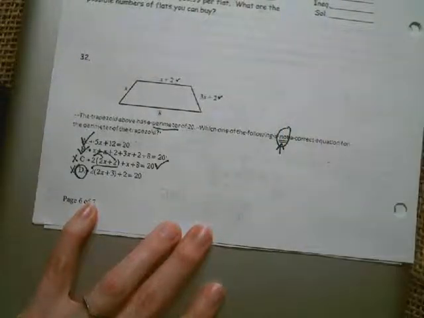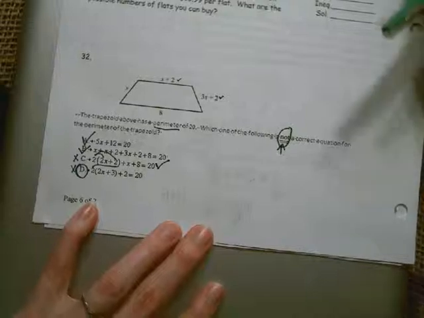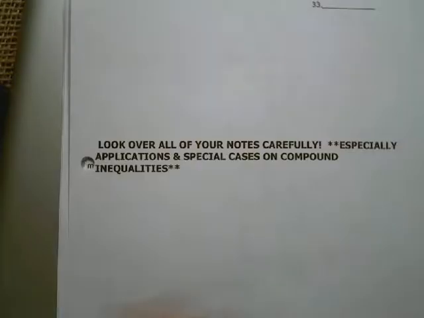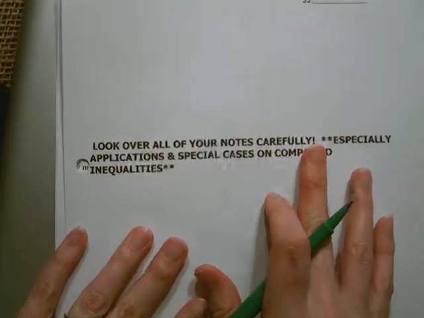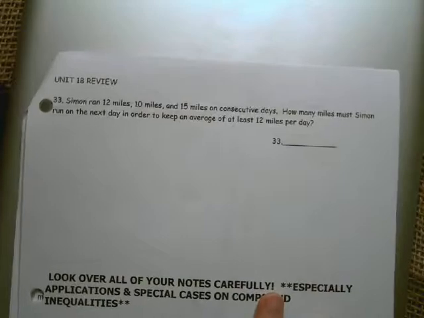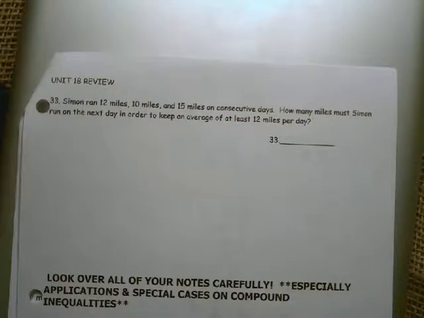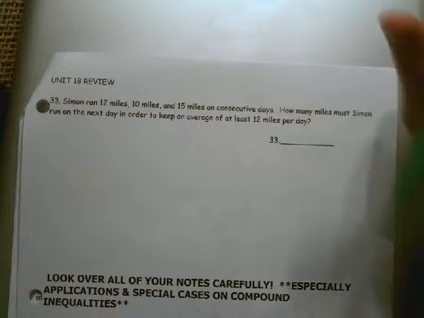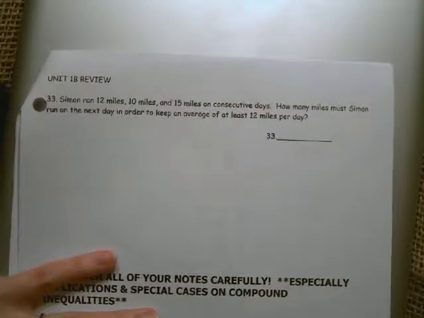Okay? Moving on. Oh, that's actually it, because the last problem here is 33, but I guess we can do that one for fun. It says, Simon ran 12 miles, 10 miles, and 15 miles on consecutive days. That means just one right after the other.